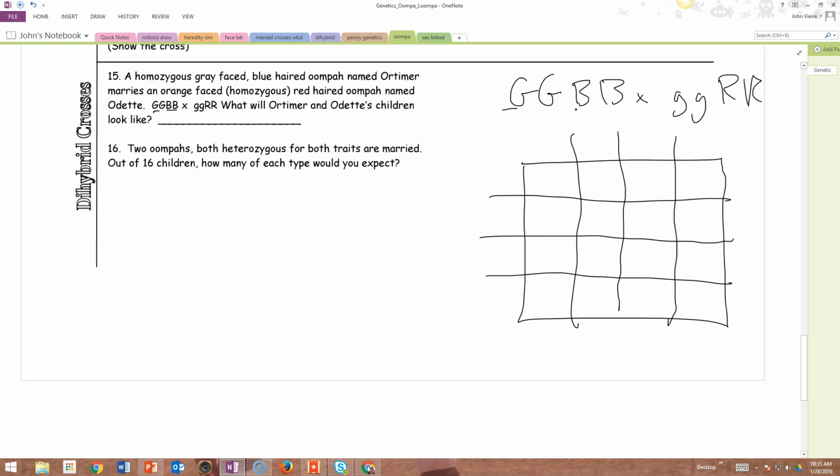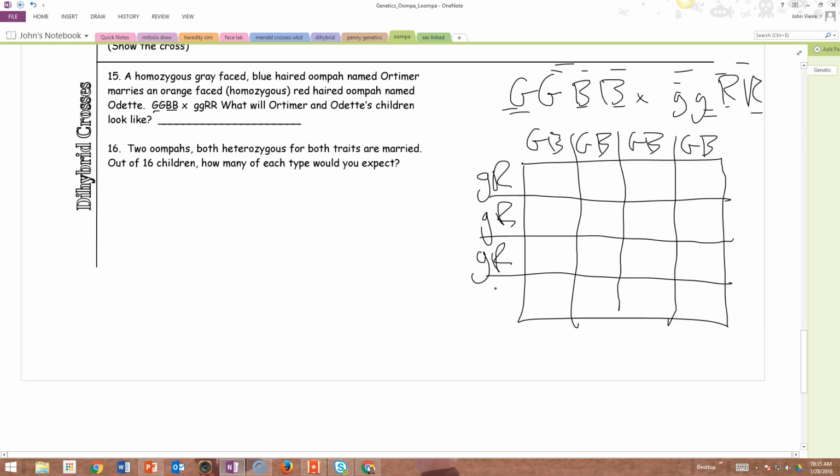So first, outer, inner, last, no matter how you do it, big G, big B, big G, blue, big G. And this one, same thing, first, outer, inner, last, is going to be little g, big R, little g. So no matter what, you're going to have big G, little g, big B, big R. They are all going to be gray-faced. What color hair? Purple.